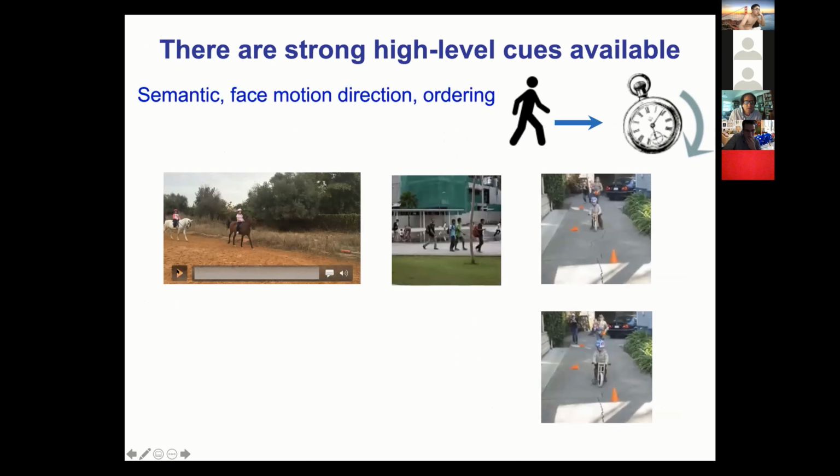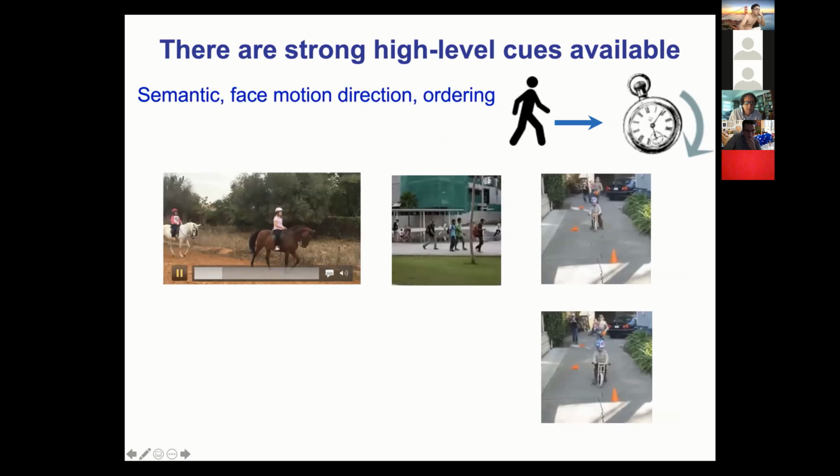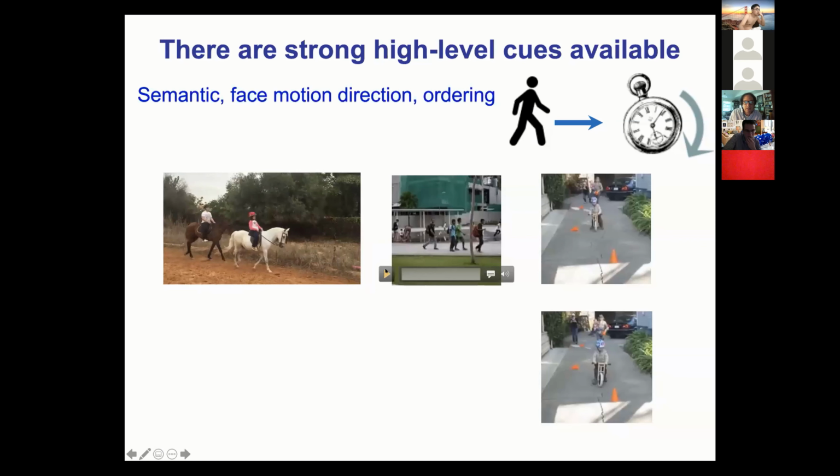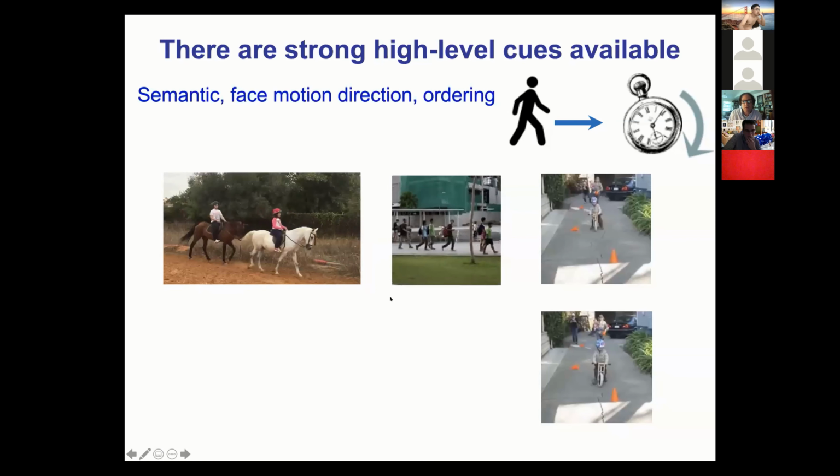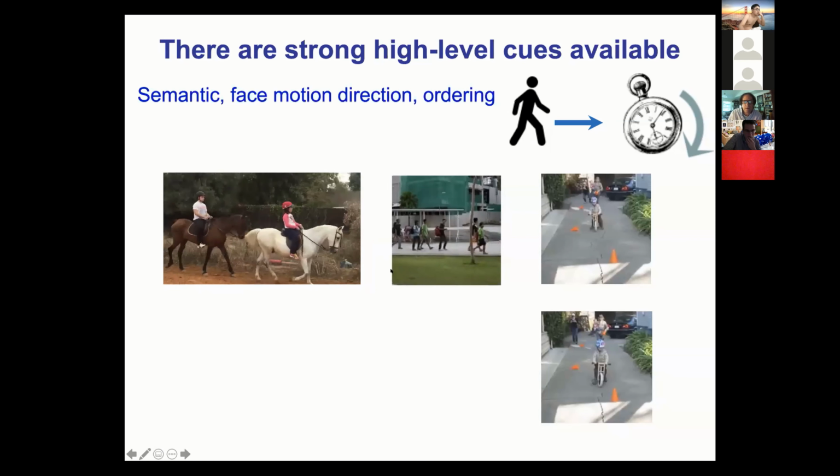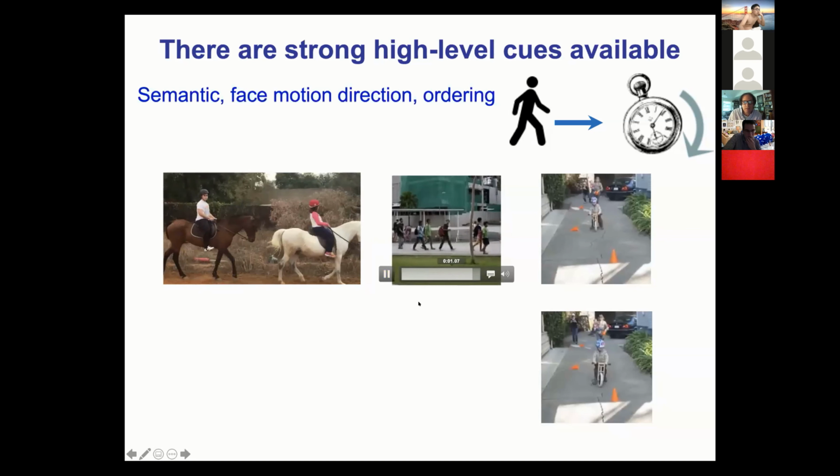Here's a video going forwards, of course, we can see that. Here's a video of a high-level effect going backwards, and a way that we can tell they're going backwards. And here's the same video played in different directions. The child going forward, the child going backwards.